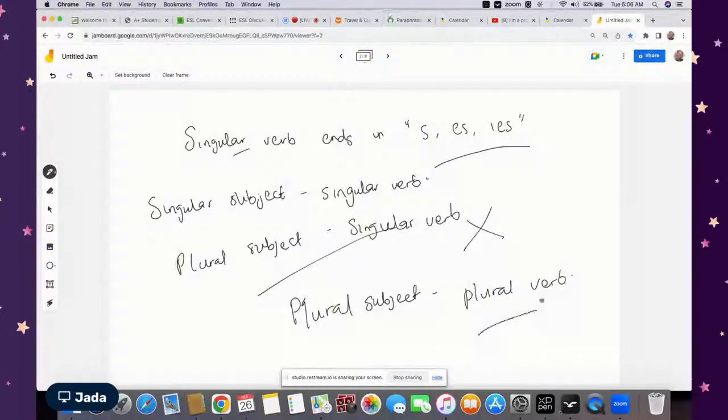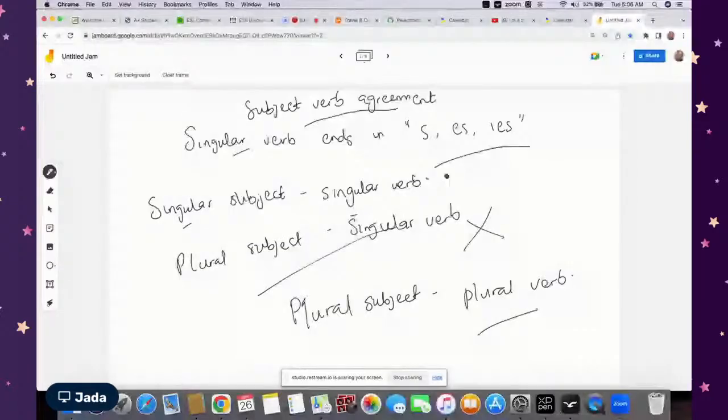Okay, take note that it says that the subject and the verb must agree in the sentence, and that's why we have subject verb agreement. So now singular subject and singular verb, yes, they go together.